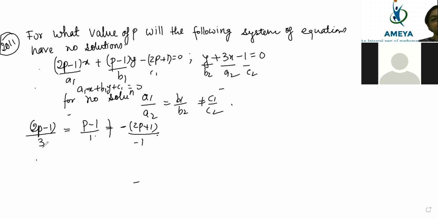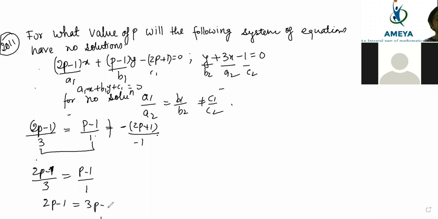So first we will solve this. 2P minus 1 by 3 is equal to P minus 1 by 1. So here 2P minus 1 equal to 3P minus 3. So 3P, we will shift this one that side.